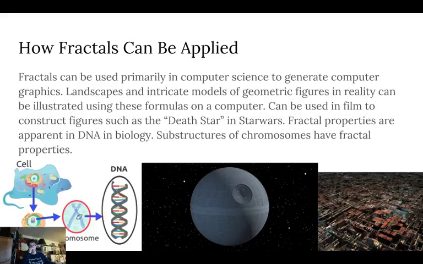So the genetic material in chromosomes, there's 23 chromosomes, 23 pairs, 46 individual chromosomes. They've been able to link chromosomal substructures to have fractal properties. Because if you magnify chromosomal substructures, they retain their original shape and geometric structure, which makes it really interesting.